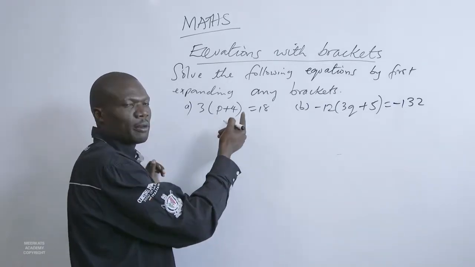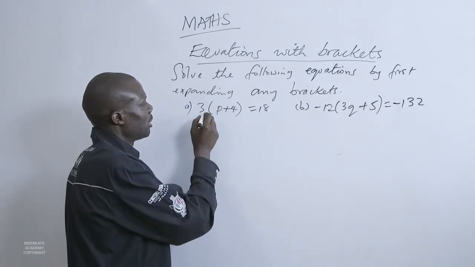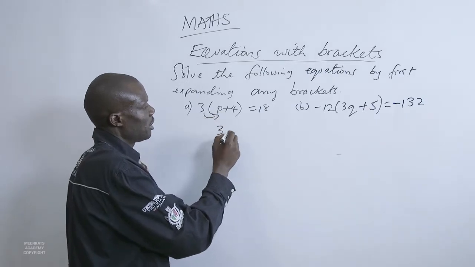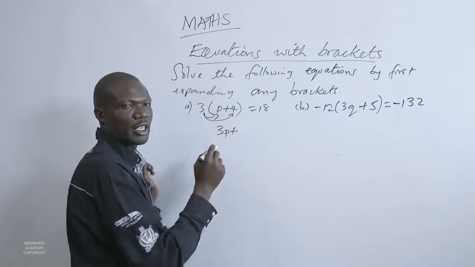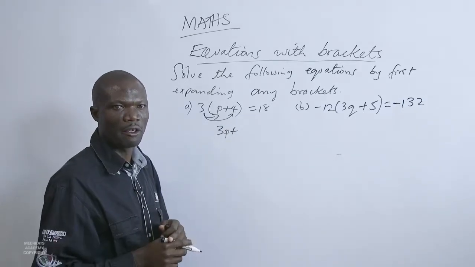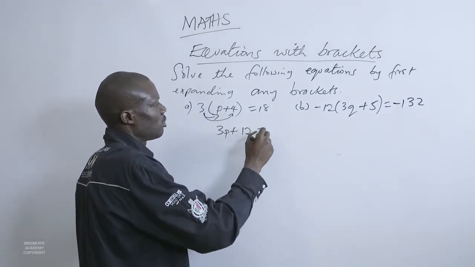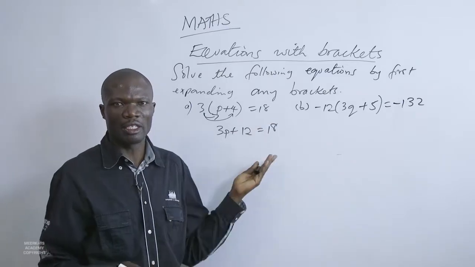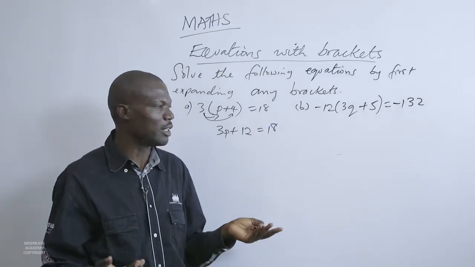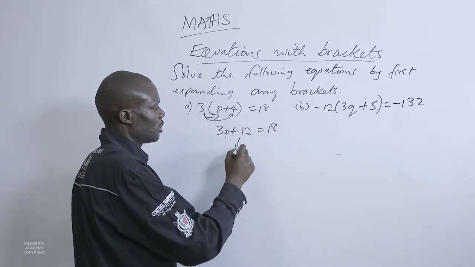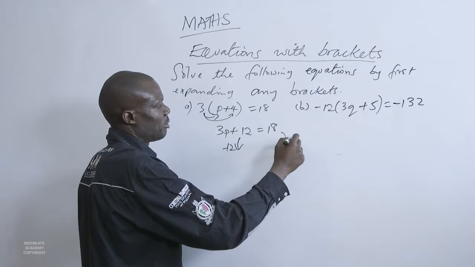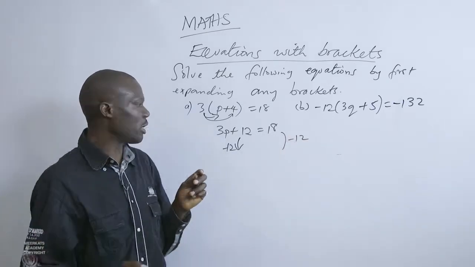3 into p plus 4: 3 and p gives us 3p. Then plus 3 and 4 gives us 3 times 4, which is 12, equals 18. This is now an ordinary linear equation that we can easily solve. So we shall subtract 12 on this side and subtract 12 on that side.